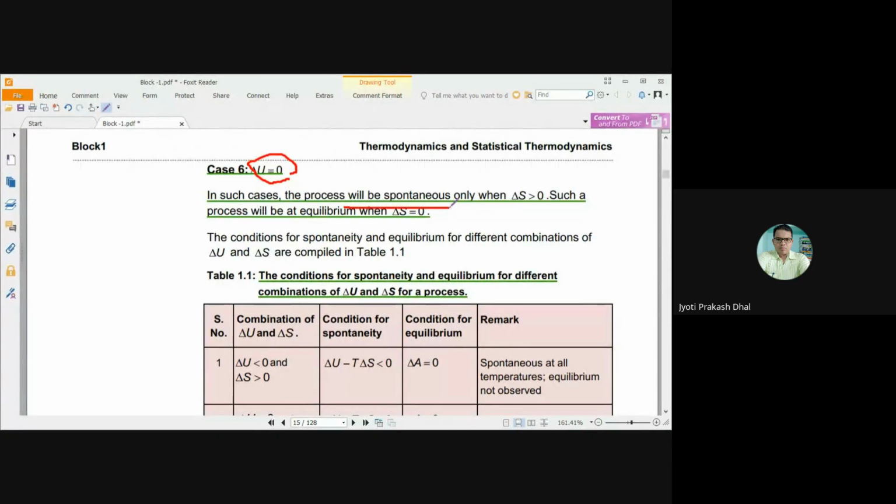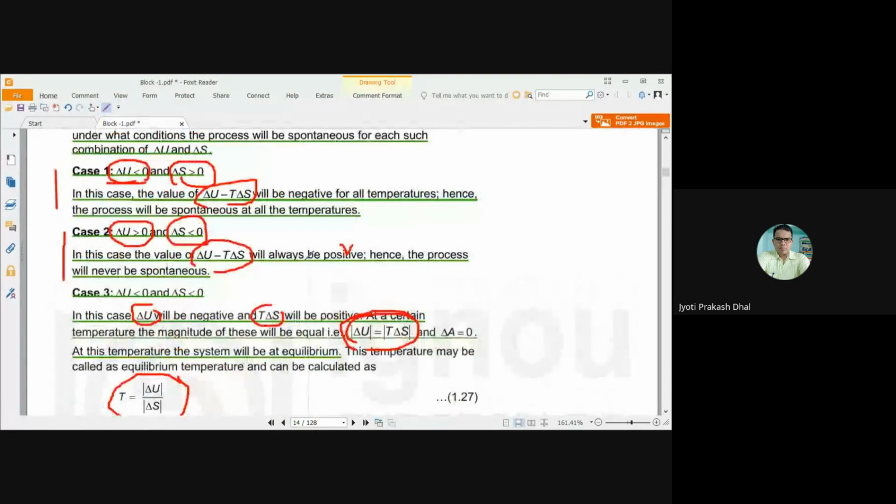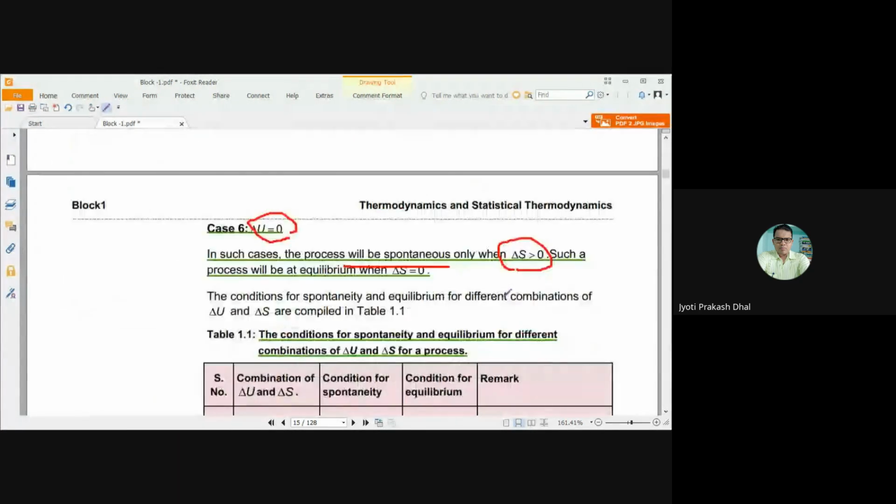And again coming to case 6, when del U equals 0, in this case the process will be spontaneous only if the value of del S is greater than 0. Why? Because here we are subtracting T del S from the value of del U, and in case 6 the value of del U is 0, and hence the process will be spontaneous if del S is greater than 0.